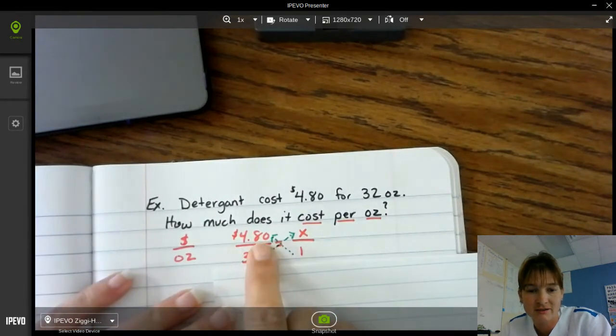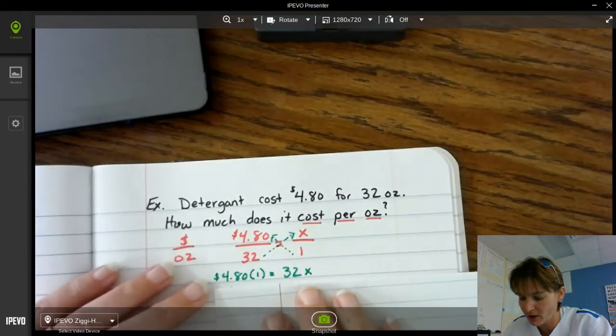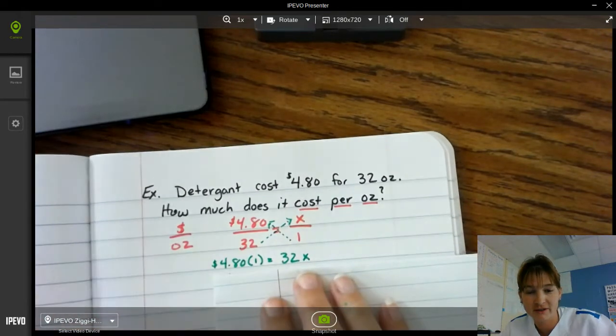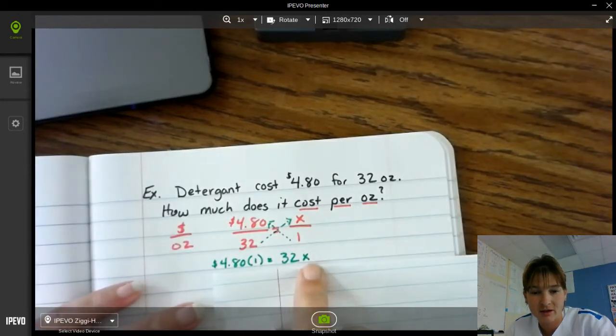So $4.80 per 32 ounces. We want to know how much it costs for that 1 ounce. When we cross multiply, we get $4.80 times the 1 and 32 ounces times the x, because we're looking to see the cost of 1.